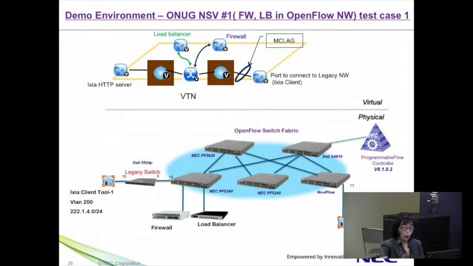In here, I have a layer 3 virtual component. In our controller, we do the virtual routing. So no matter if you have different subnets, we route between them. Once we define these virtual components, what about the service nodes?